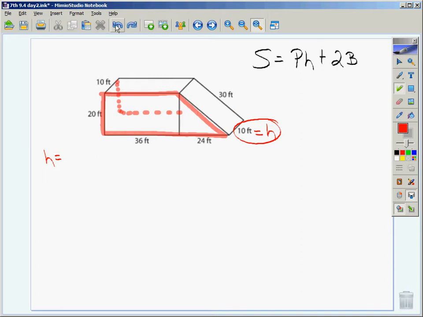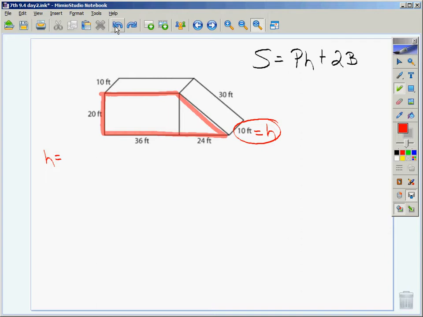That's probably the most confusing part for people, is to understand that height isn't from what looks like the bottom to the top. It is the distance between those two exact same shapes that are parallel to each other.